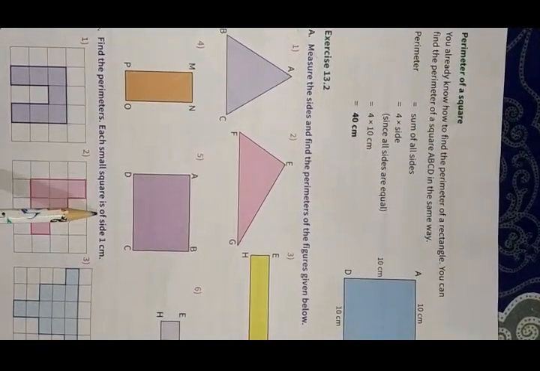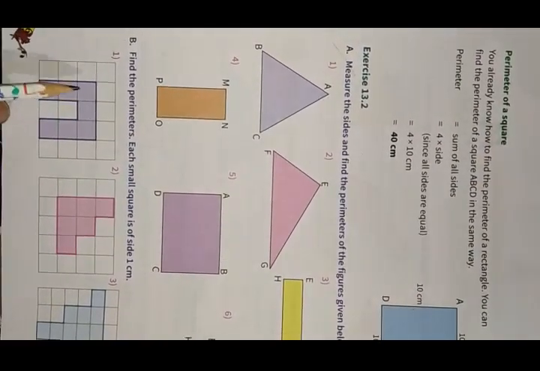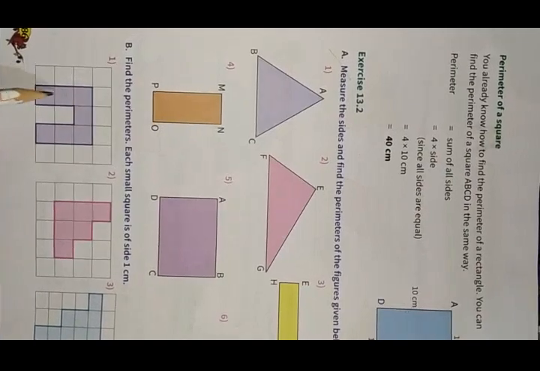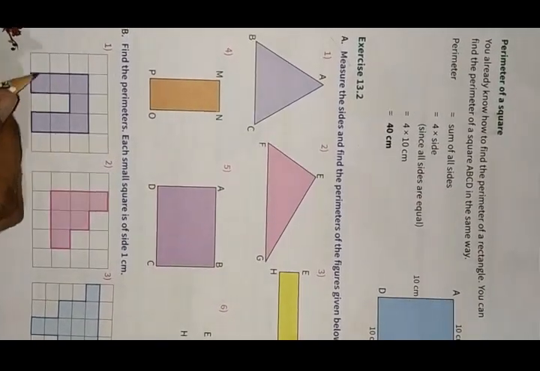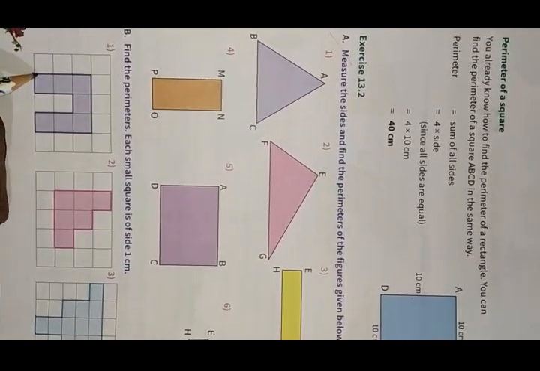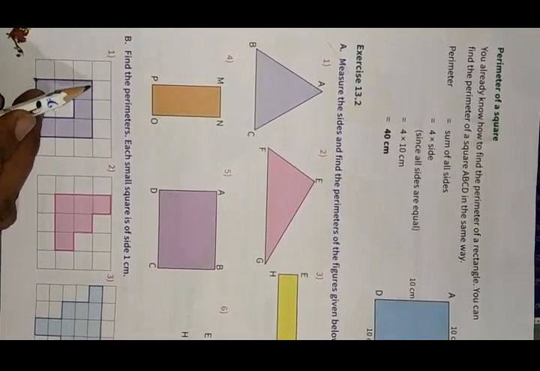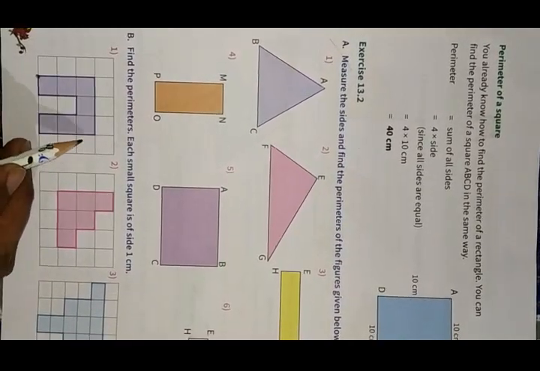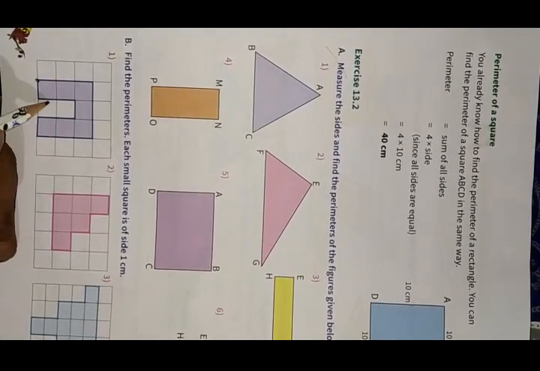Each small square is of 1 centimeter. Now we have to find the perimeter of this colored shape. Each side is equal to 1 centimeter. Now I am going to start from here. This one includes 1 centimeter, 2, 3, 4, 5, 6, 7, 8, 9, 10, 11, 12, 13, 14, 15.